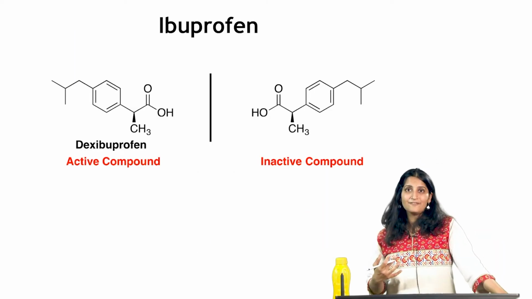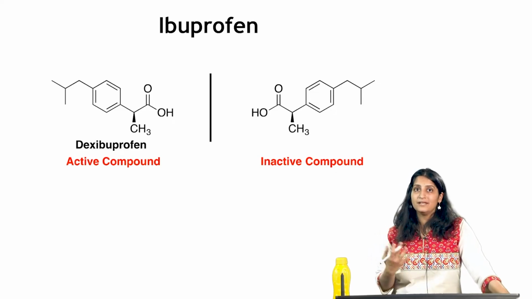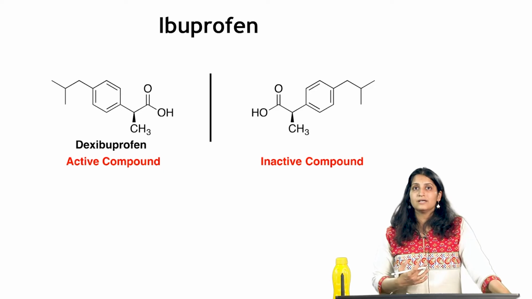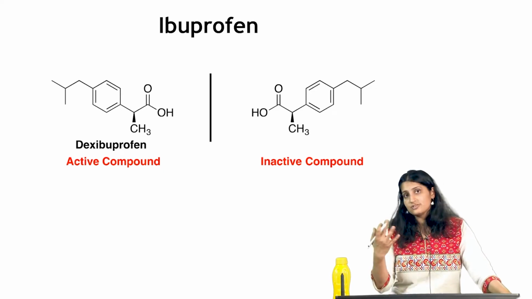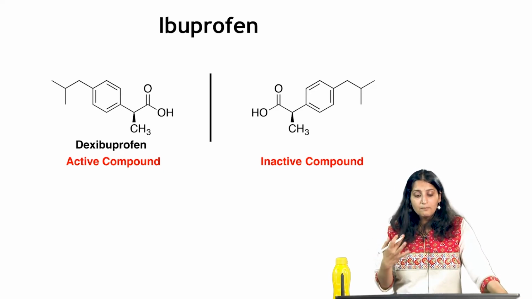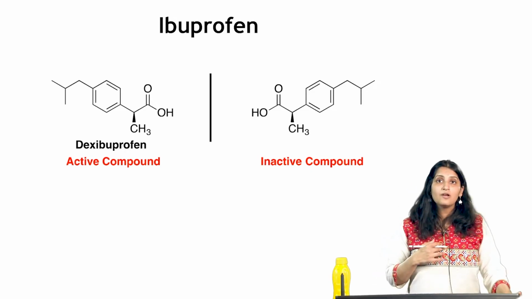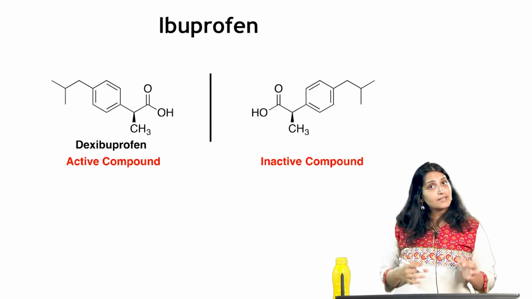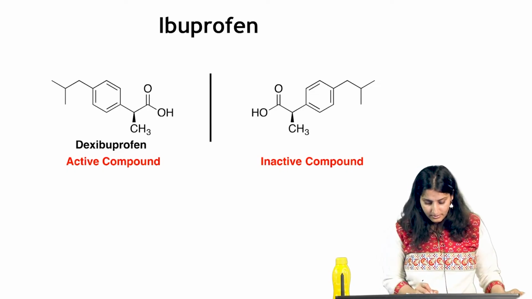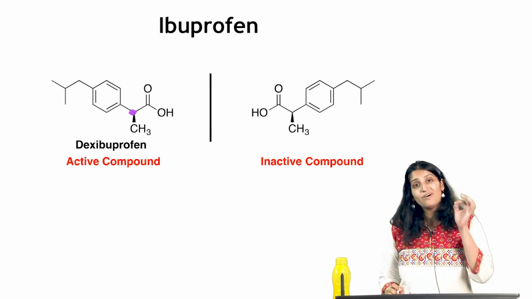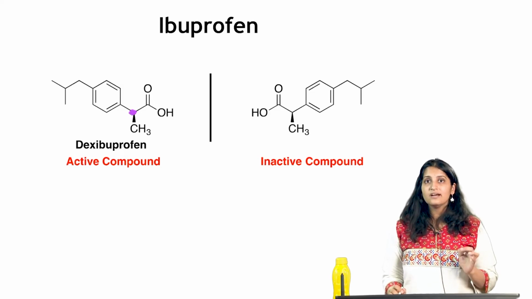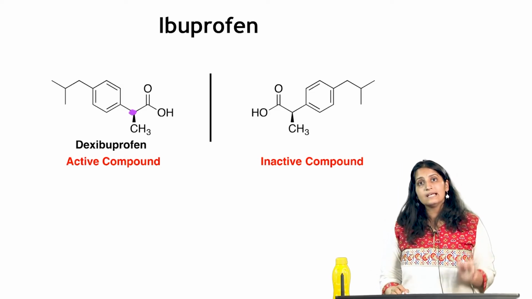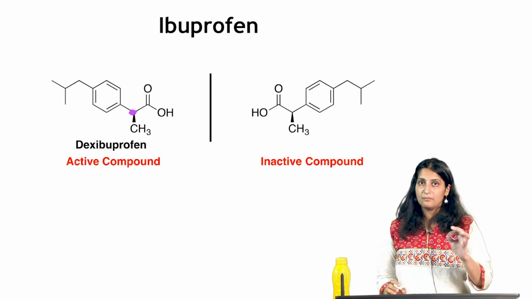So, all of us must have taken ibuprofen as a pain reliever or for fever sometimes in our lives, unless you are really allergic to ibuprofen. But if you look at the molecule of ibuprofen, what you will see is that it has a chiral center again, and only one of them is actually active, in the sense only one of them will really act as a medicine for the pain relief.